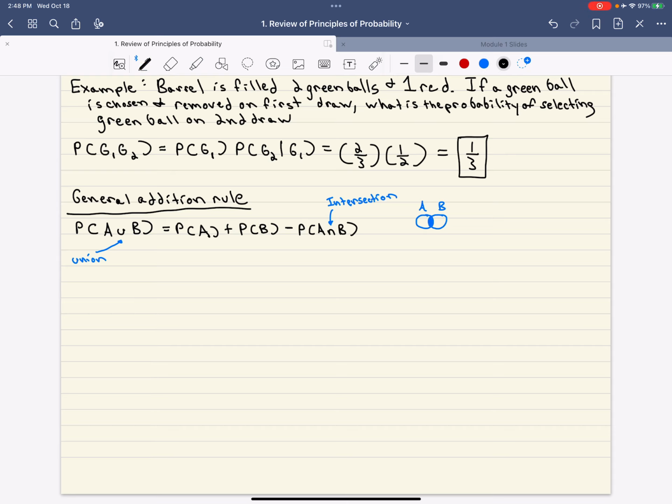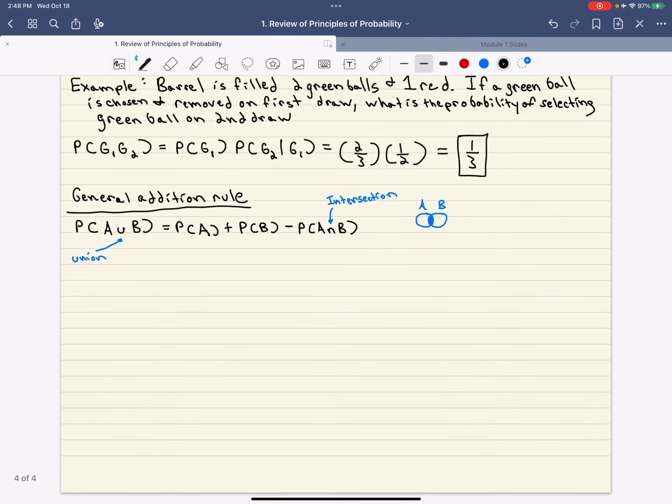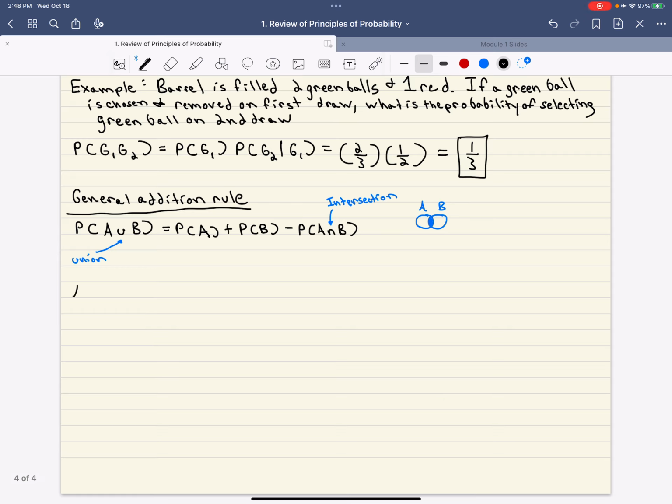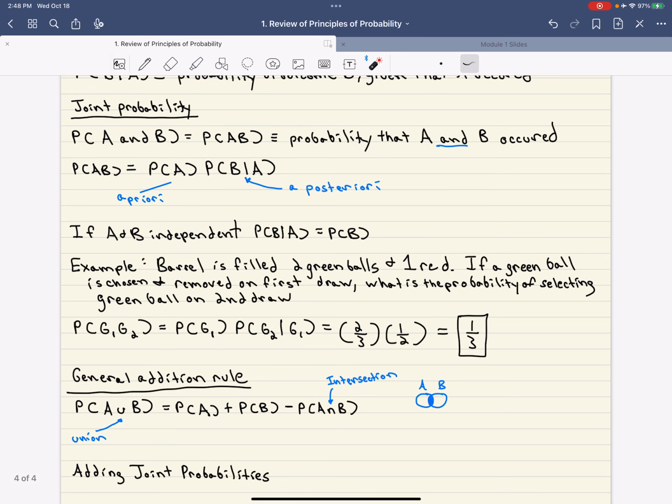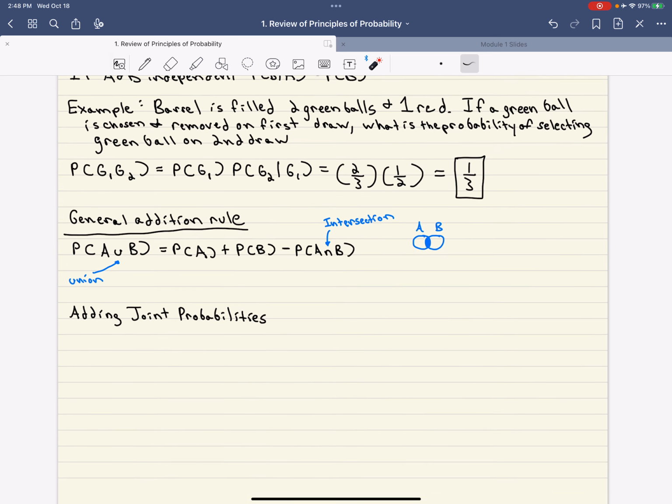And the last thing I want to discuss is when you're adding joint probabilities. Okay? So here we talked about, what's the probability of A and B occurring, right? And we split it up into two processes.